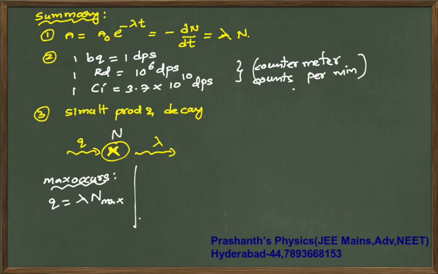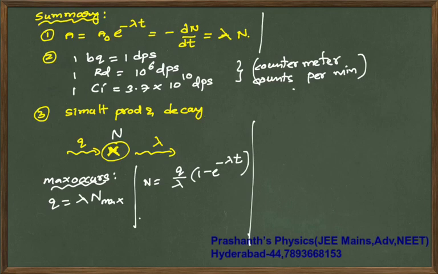The number of nuclei as a function of time is Q by lambda times 1 minus e power minus lambda into t. This is the formula that we got for simultaneous production and decay. I have given this formula very clearly, and based on this we have tried explaining one question. After this, if activity is asked, A is equal to lambda into N after time t. This is regarding simultaneous production and decay.